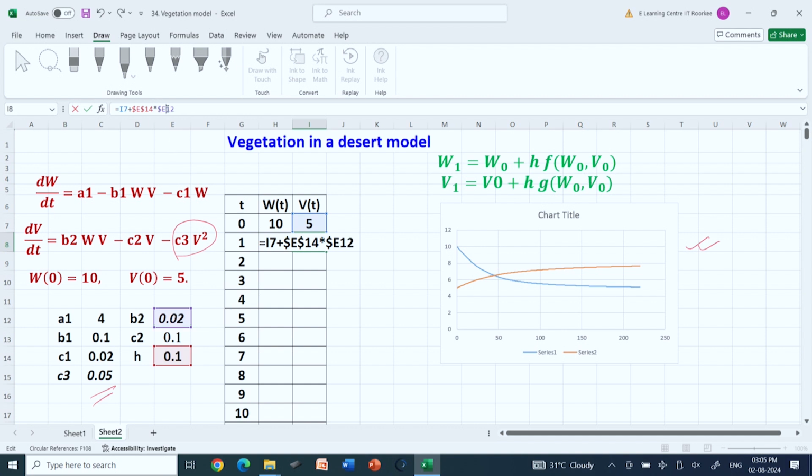So, I put the dollar, multiplied by w into v, minus c2, a constant, minus c3, another constant, into v square, the competition between the vegetation of the same species, and enter.